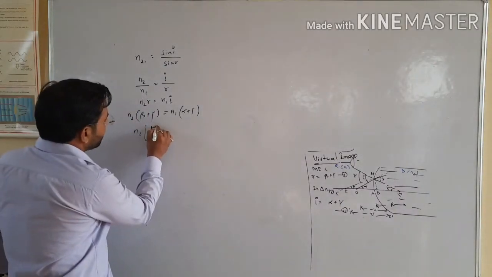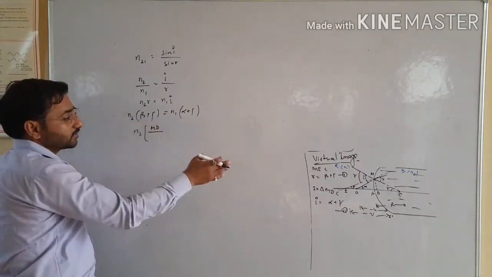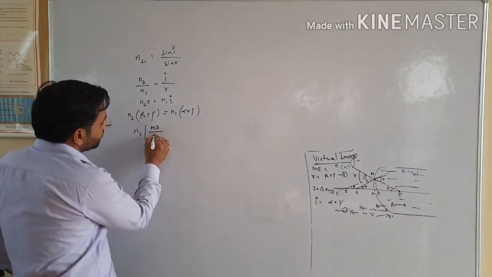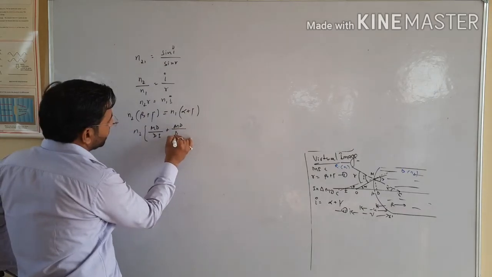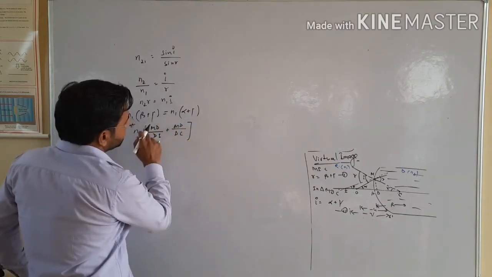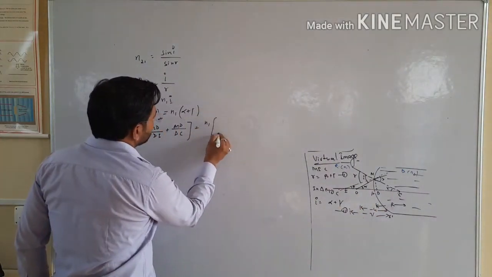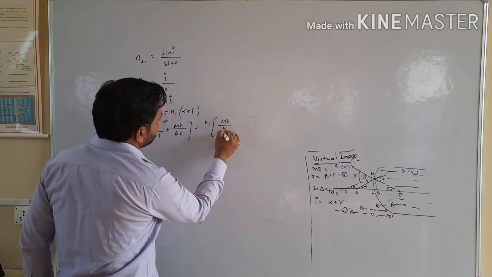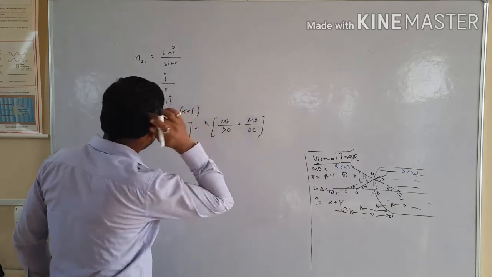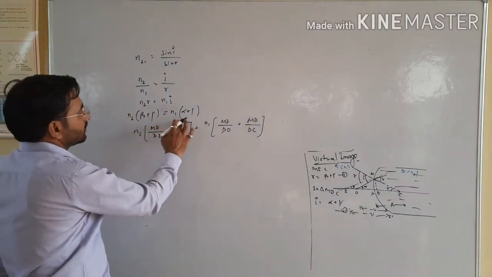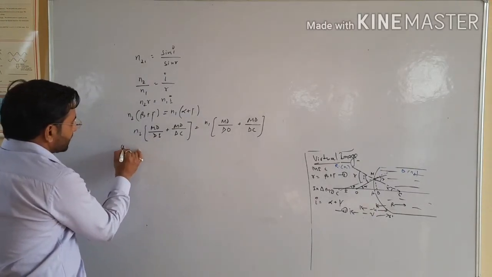Beta will be MD over DI, beta being the angle made by the image of the object, which is here virtual, plus gamma, MD over DC at point C, you can see here, and here also N1 times MD over DO plus MD over DC. Now see, MD is the same everywhere, so I can take it common and cancel out.